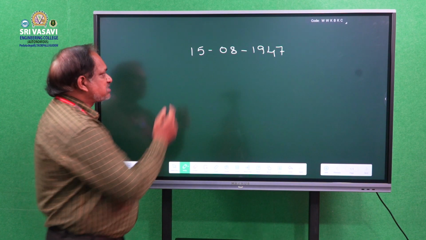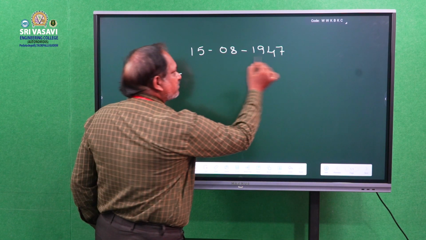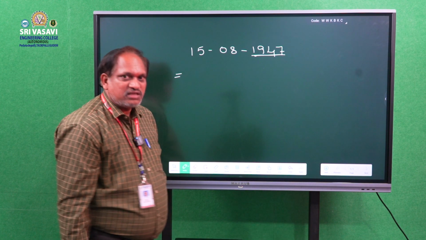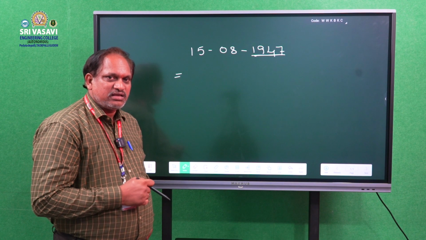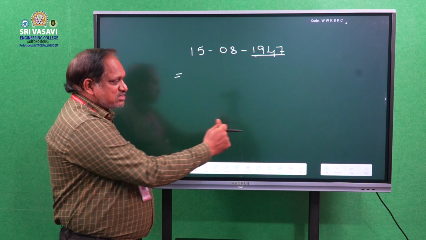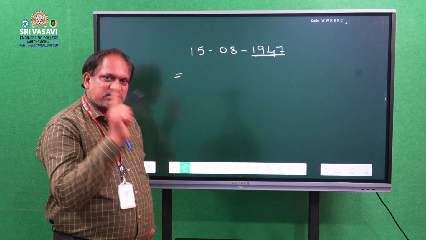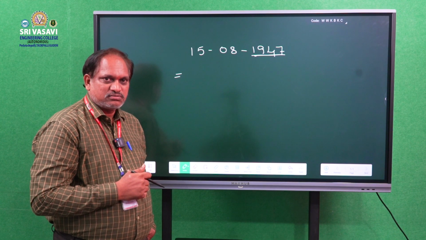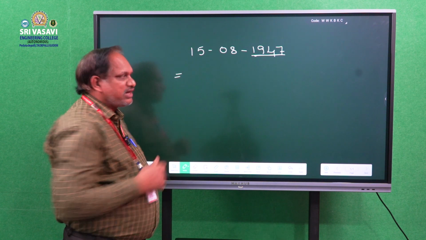The first step is the expansion of the year. The year is 1947. The first step we take is, as we discussed in the last point, that every 400 years there are 0 odd days. The same base we apply here.